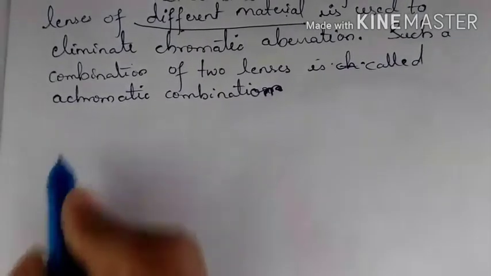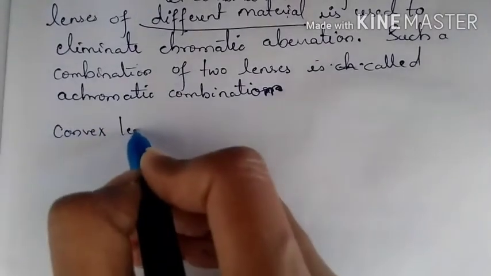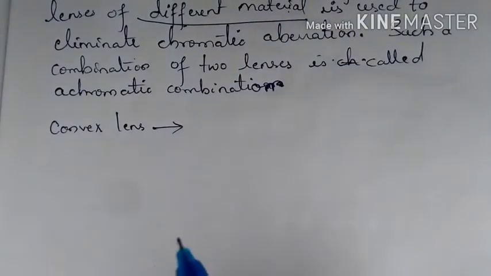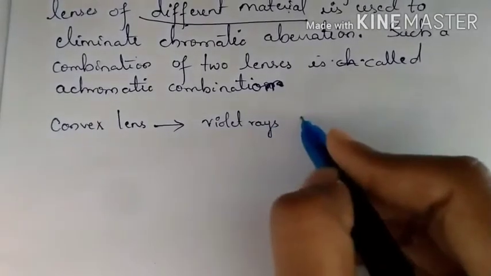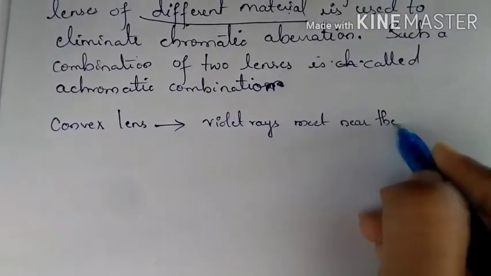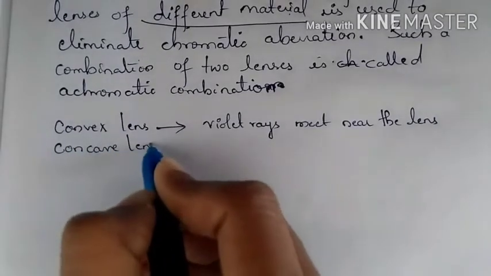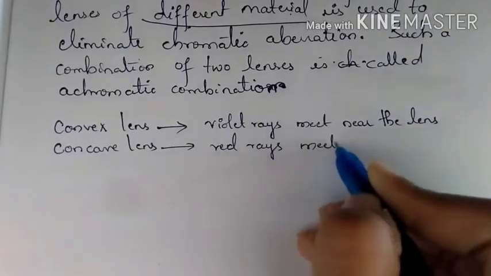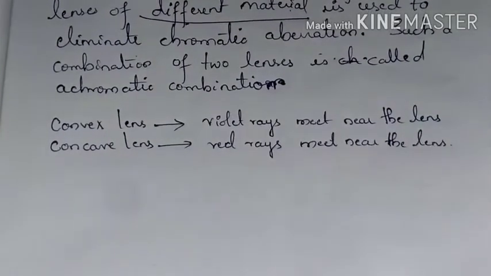So for a convex lens, violet rays form the focus point near the lens, and for a concave lens, red rays meet near the lens. Can you see the difference?